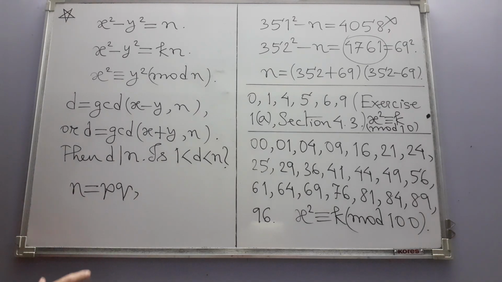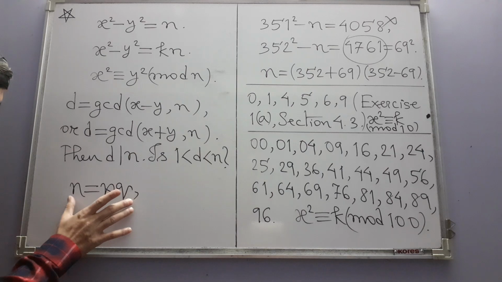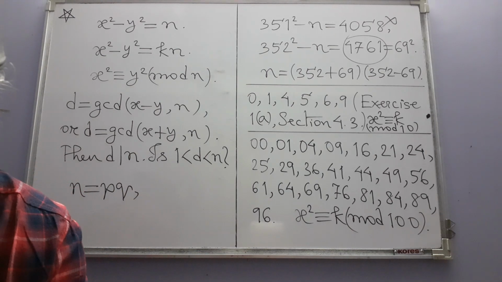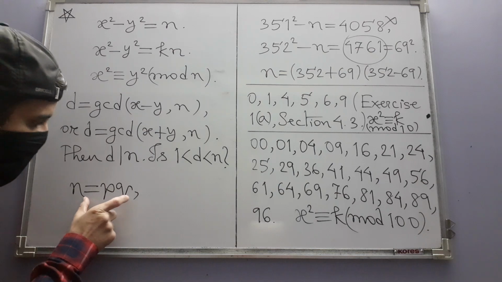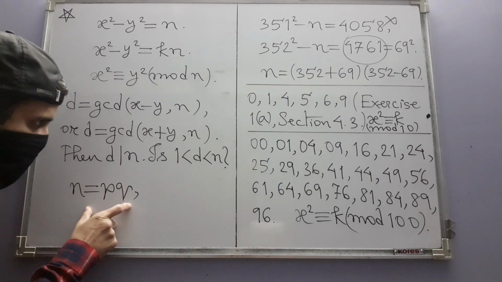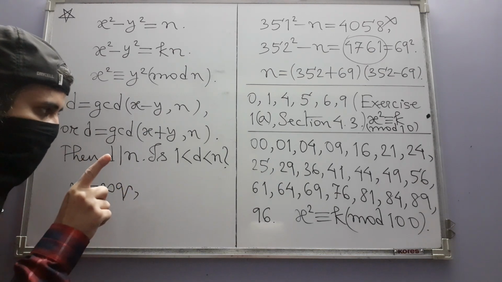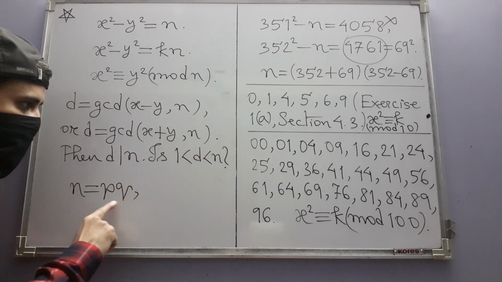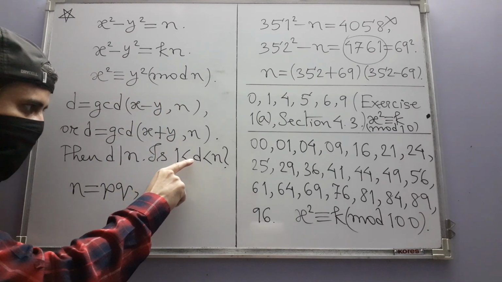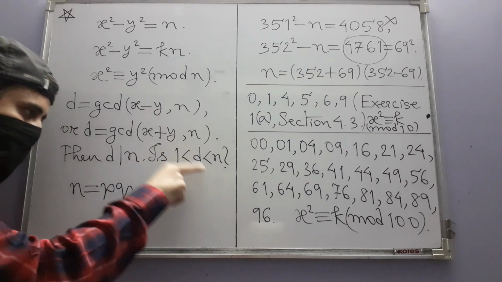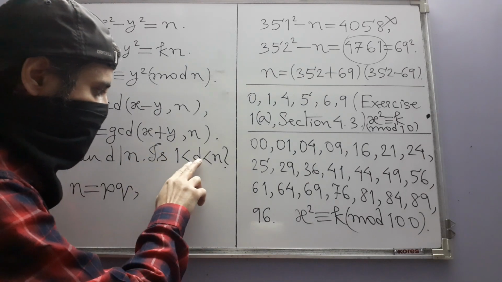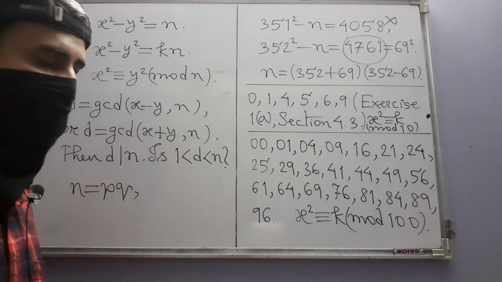But that's why the author says, in practice, n is a product of two distinct primes. Now, with this additional information, with this form of n, can we do something extra, so that we can ensure that we will get a non-triviality? Let's see.